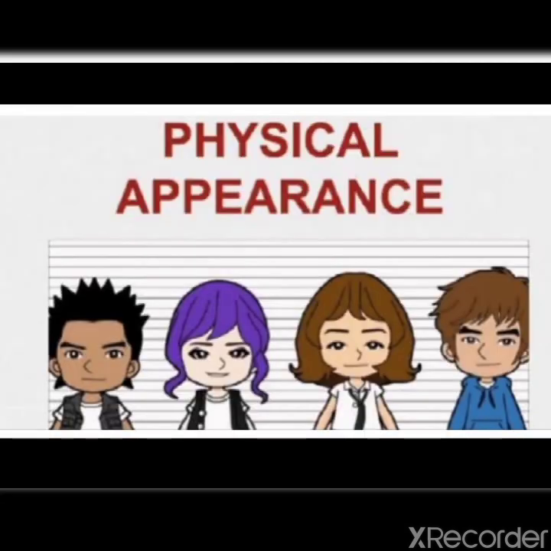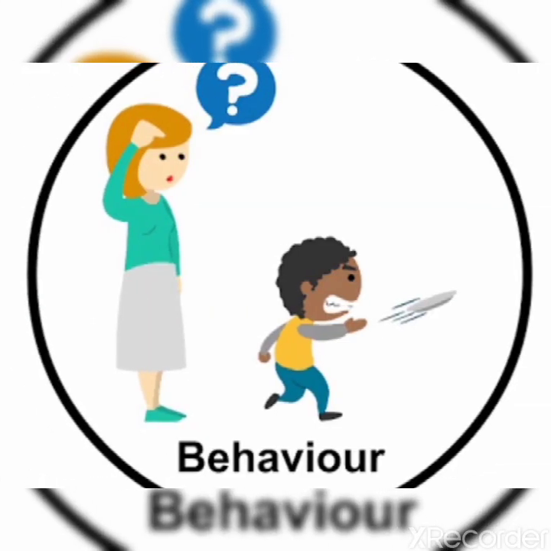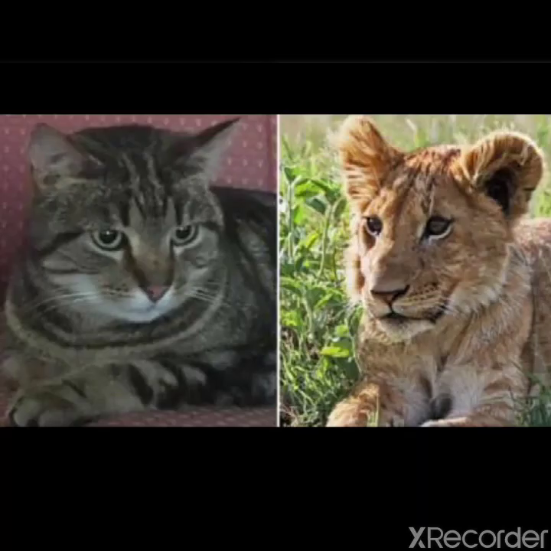However, the characteristics of species including physical appearance, body functions, behavior, etc. are not simply the outcome of chromosome number, but these are the result of the units called genes which the chromosomes carry. Students, in front of you there is a picture of cat and lion.